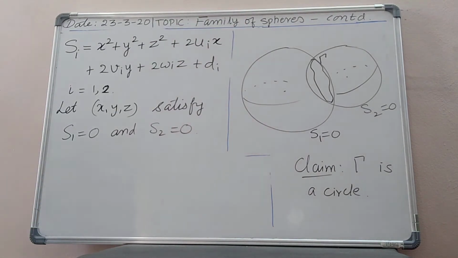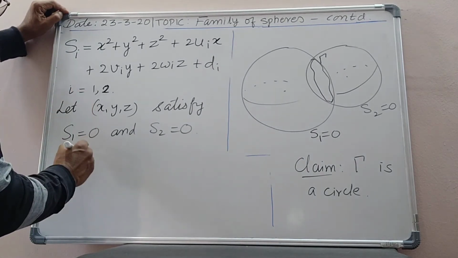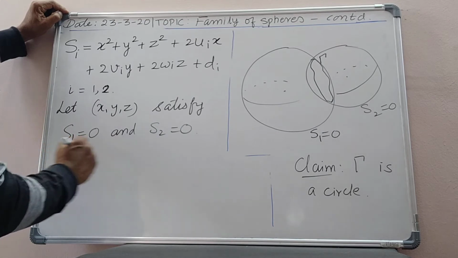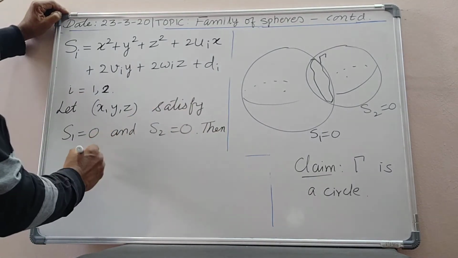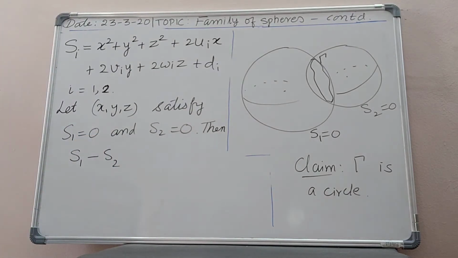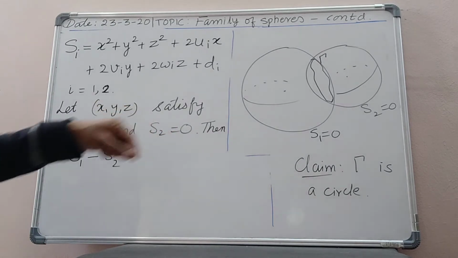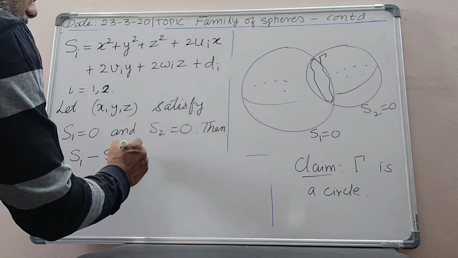Alright. Look at S1 minus S2. So if you have x, y, z satisfying this and x, y, z satisfying this, x, y, z will also satisfy this.